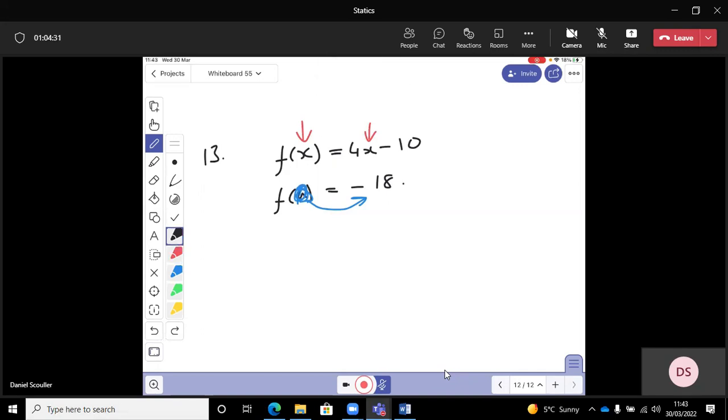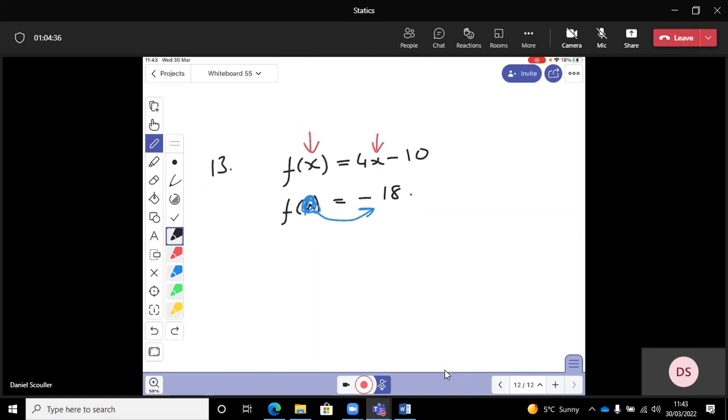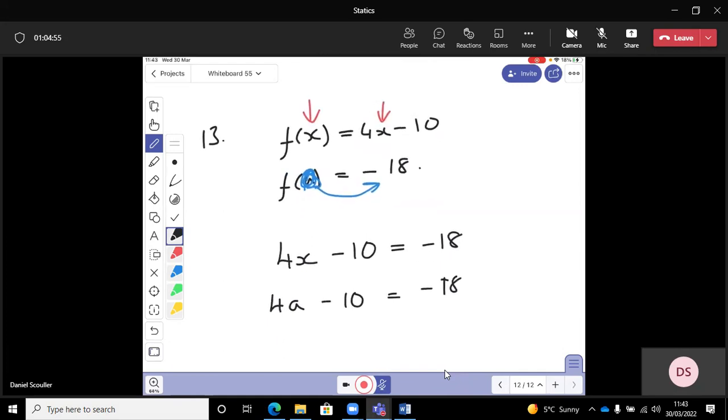Okay, so the function for x negative 10 equals negative 18 when x is equal to A. Okay, so we're substituting in our letter in there and solving for that letter A.